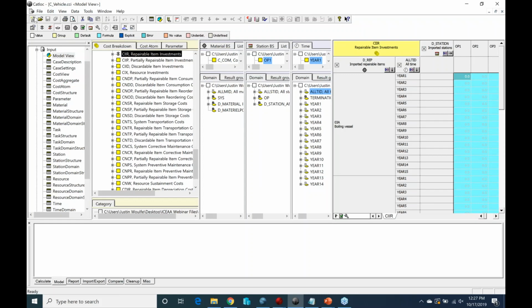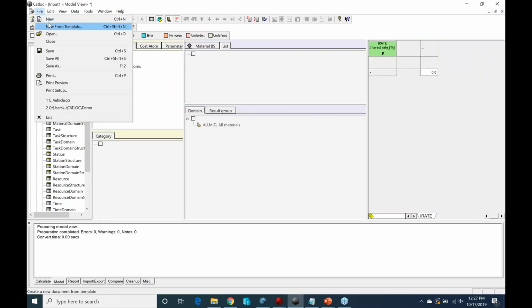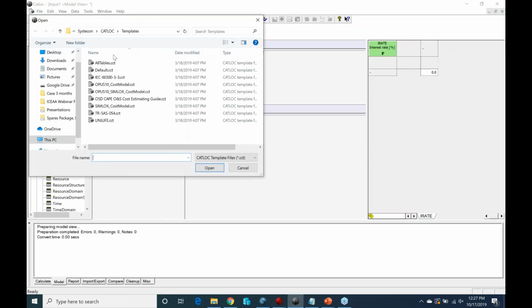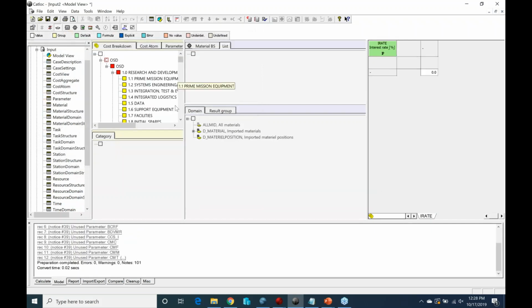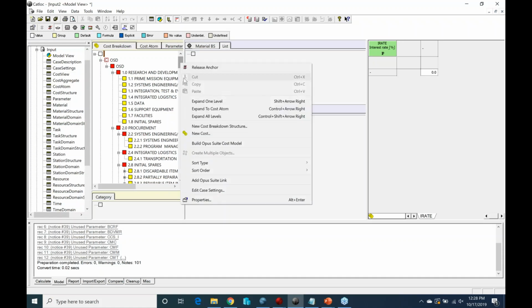In addition, we also have cost templates built in, including the CAPE ONS cost estimating guide, some other formats, including the European standards. So I can just pull up the template for the CAPE guide, and that'll probably look fairly familiar to some of the folks here on the call.